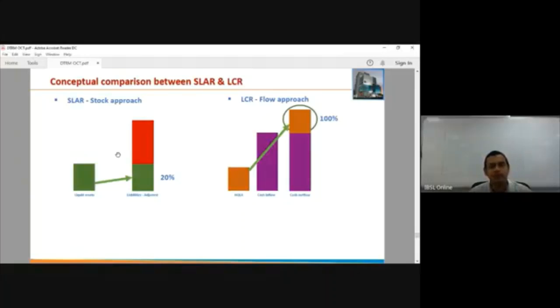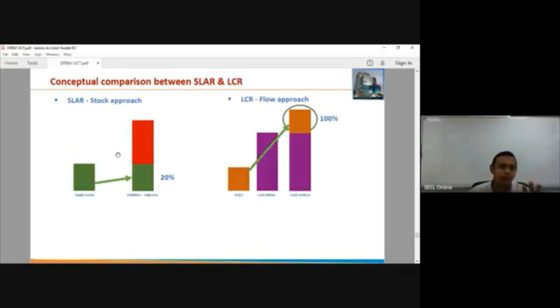The domestic banking unit does business in rupees, and the foreign currency banking unit does business in foreign currencies. Now this 20% is not for the bank as a whole. It applies separately for the DBU and separately for the FCBU.